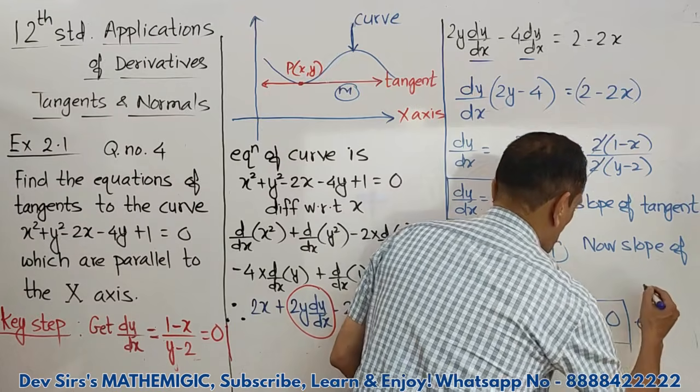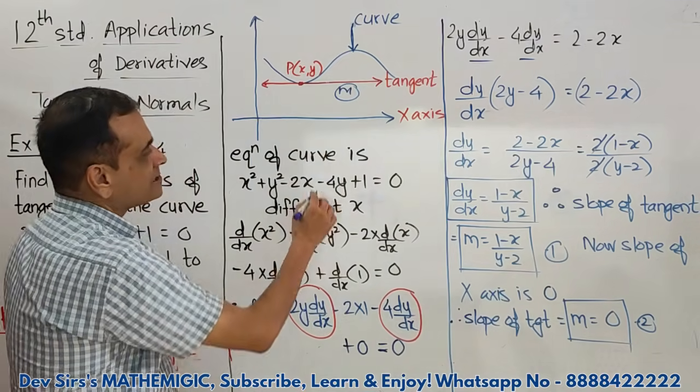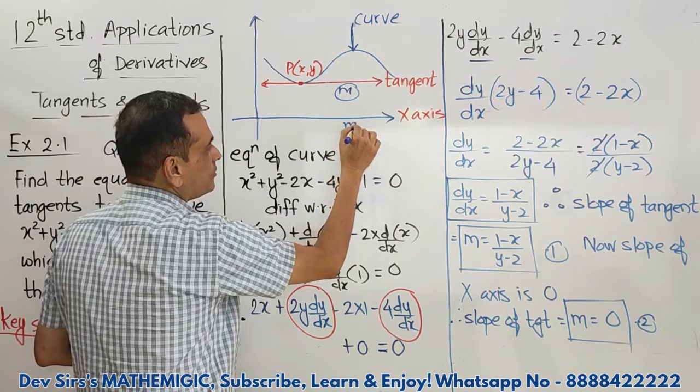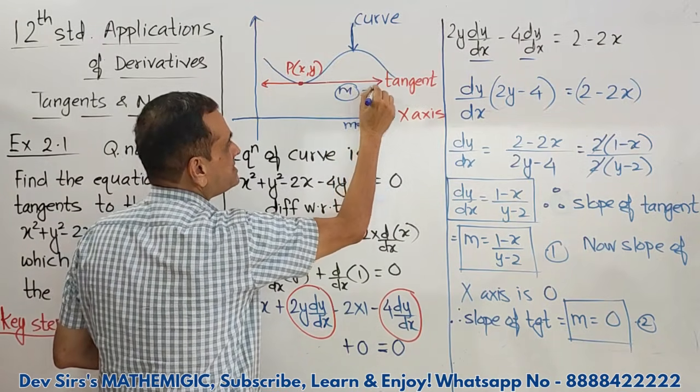Equation 2. Because slope of the x-axis is 0, slope of the tangent also becomes 0.